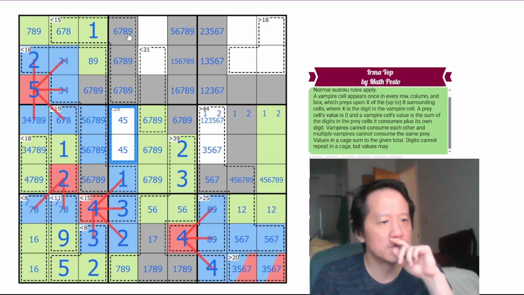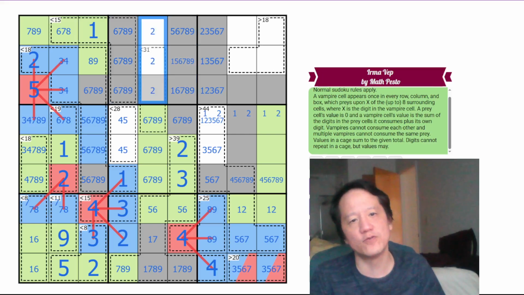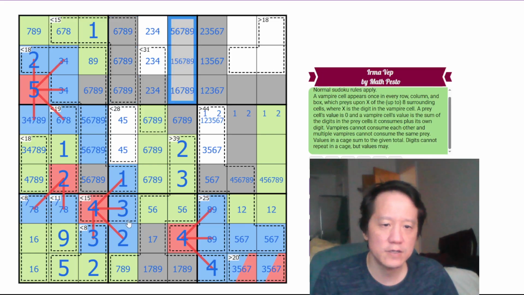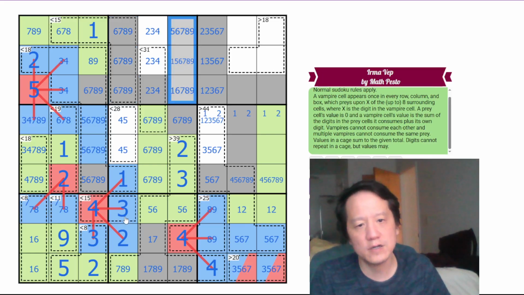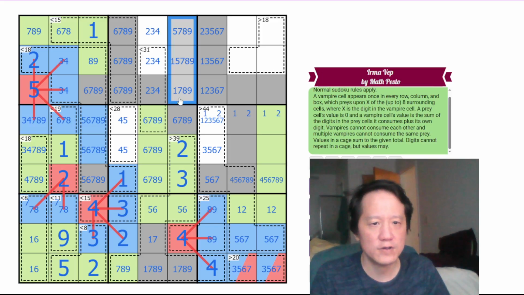Therefore, either all three of these are prey. What does that mean? In box 2, that means we have 2, 3, and 4 left. Because we have a 1, 5, 6, 7, 8, and 9. Sextuplet. So this has to be 1 or 5.